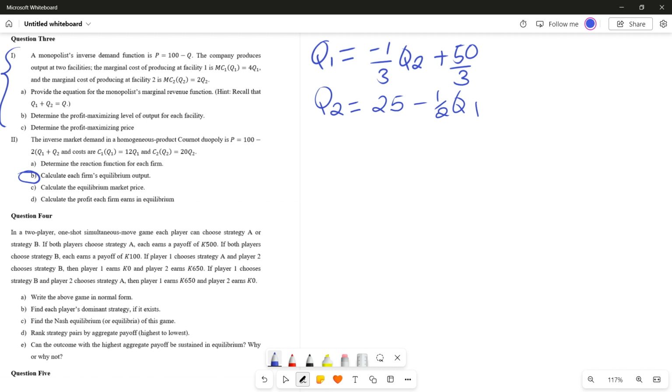Okay, cool. So step number 1, to get the profit maximizing level of output for each facility. After getting the reaction functions, the first step is to substitute. So we do the substitution. You can choose here either Q1 or Q2. Okay, so let's be specific.